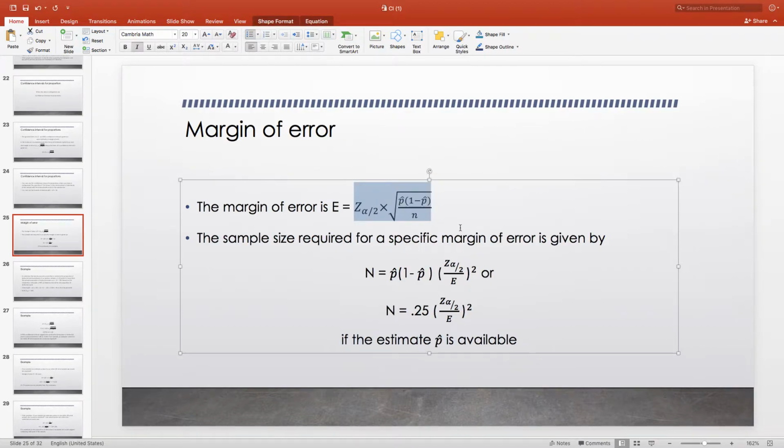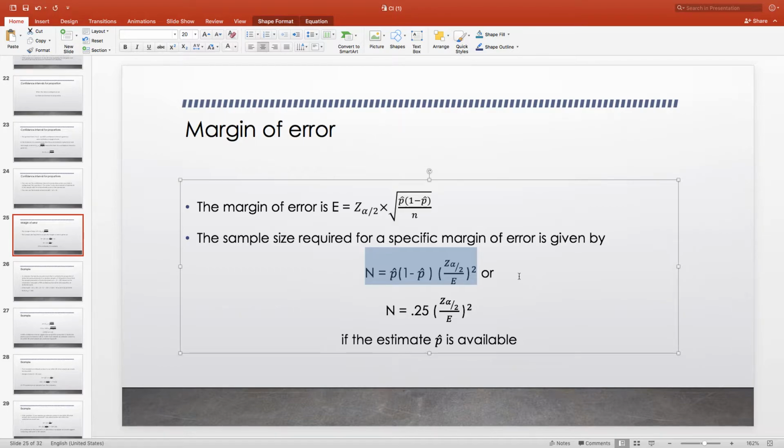If we wanted to have a specified margin of error, depending on which scenario we're in, we can estimate the sample size required for a specific margin of error with this formula. You can calculate it with this formula if you have an estimate of the sample proportion available.